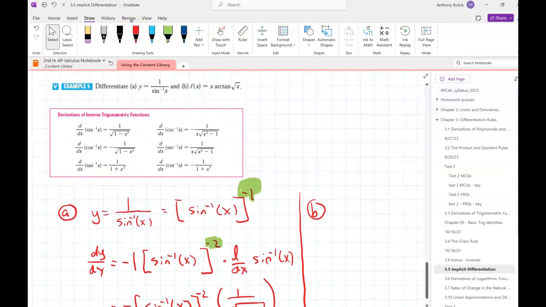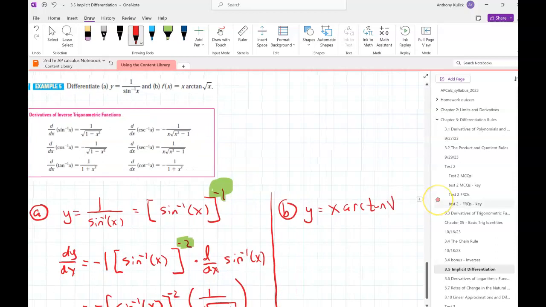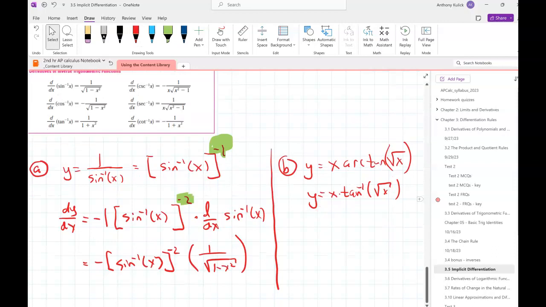And then B was x times arctangent of square root x. What the heck is arctangent? Same as tan inverse. Good. So what do we need to do the derivative of this?